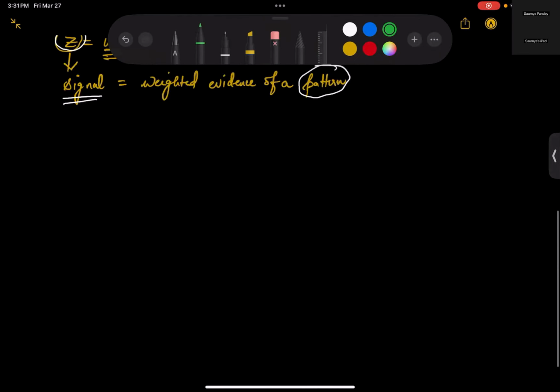So, our neuron needs a way to decide what matters and what does not.